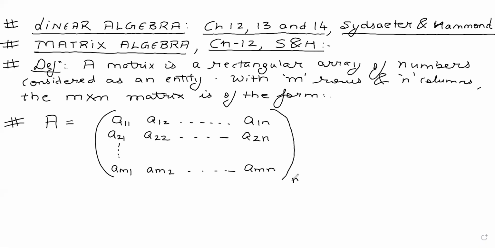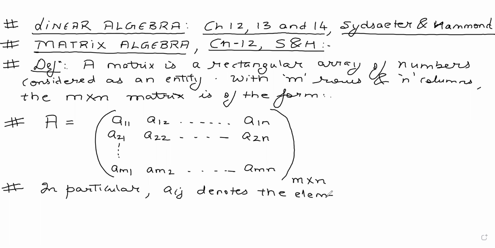So this is our m cross n matrix. In particular, Aij denotes the element in the ith row and jth column.